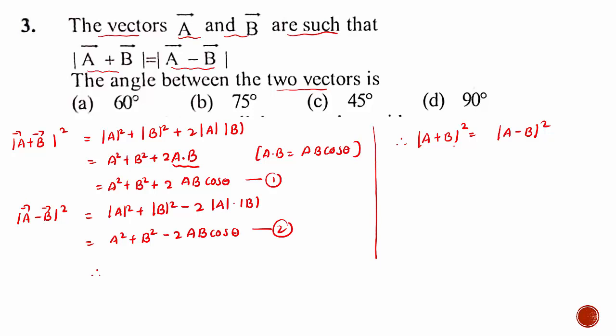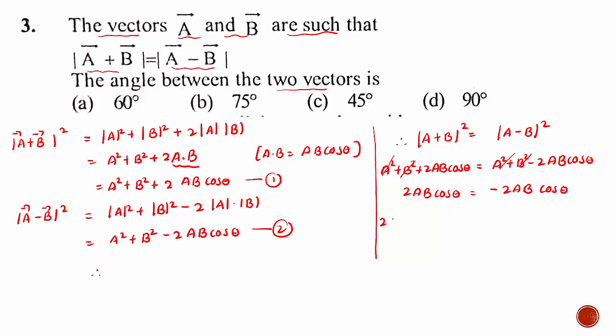A plus B whole square means we can write equation 1: A square plus B square plus 2AB cos theta is equal to A minus B whole square, means A square plus B square minus 2AB cos theta. Yes, which terms get cancelled here? A square will get cancelled, B square will get cancelled. Remaining is what? 2AB cos theta is equal to minus 2AB cos theta.